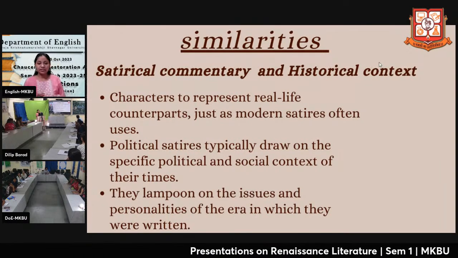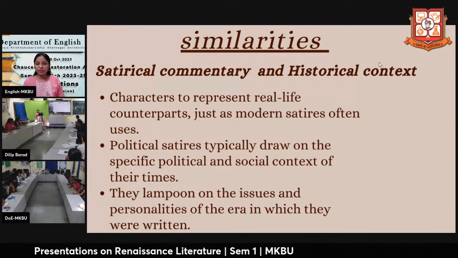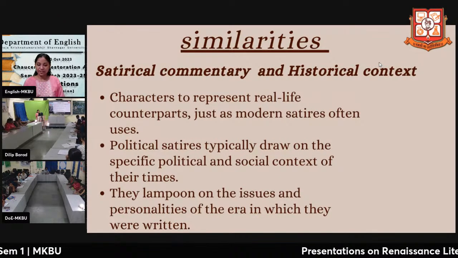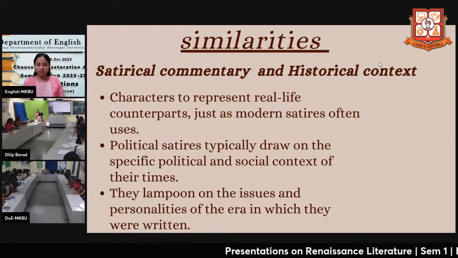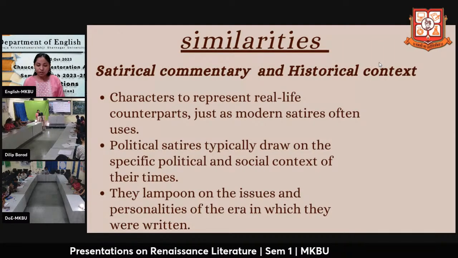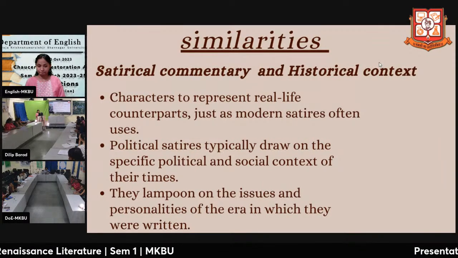The characters represent their real life counterparts, just as modern satires often use. Political satires typically draw on the specific political and social context of their times. They lampoon the issues and personalities of the era in which they were written.